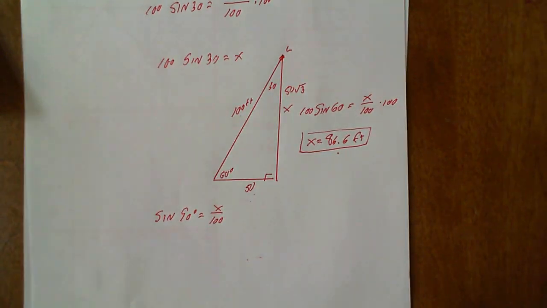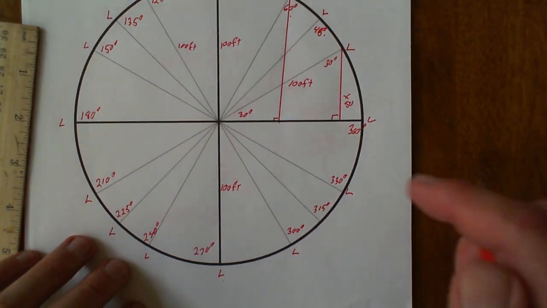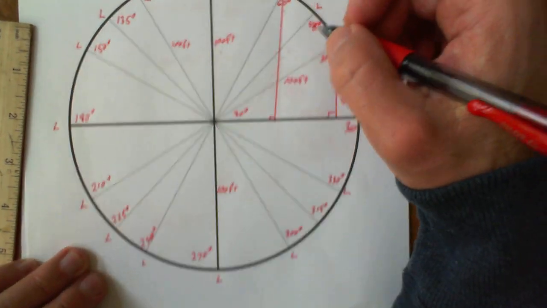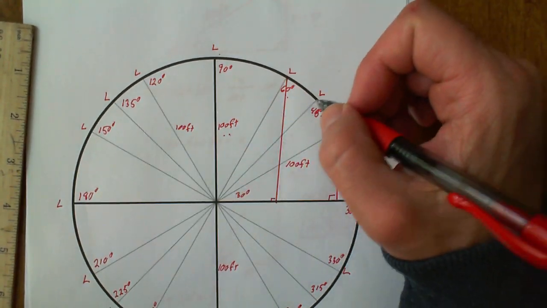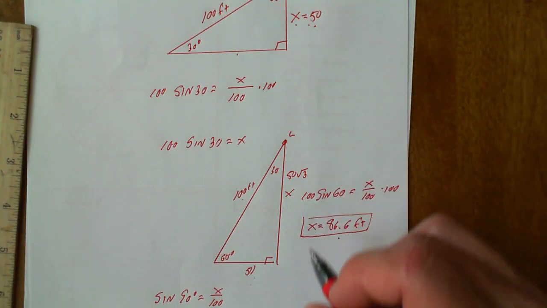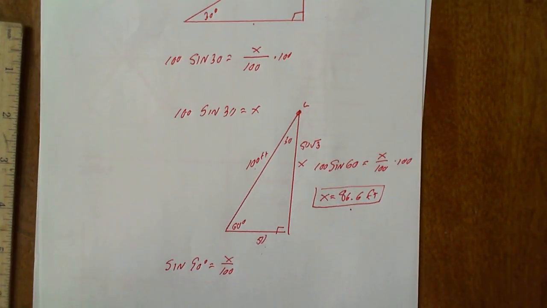But can you deductively say how high this person is if the radius is 100? Can you see that? Well, he will be 100 feet, but let's go ahead and solve our equation here.